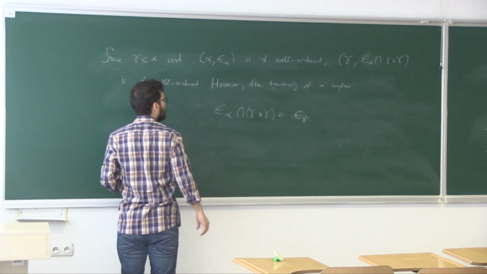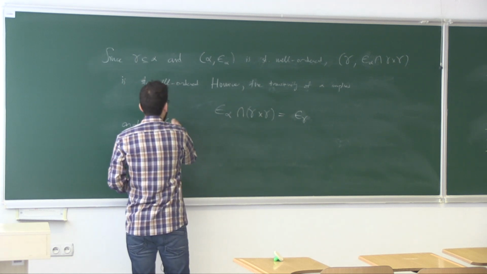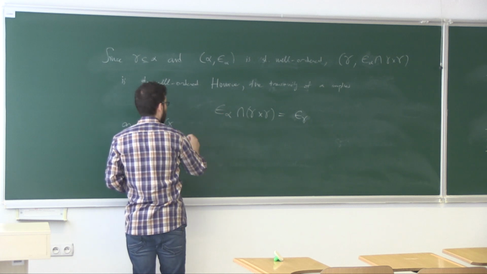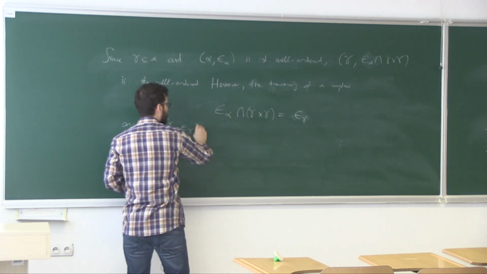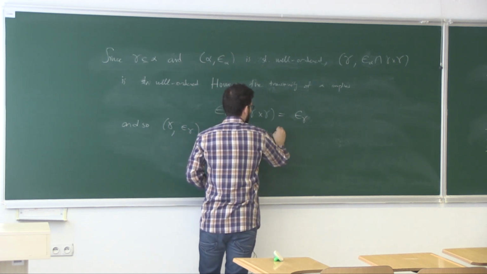This should follow from transitivity. And so, what have we obtained? We obtained that gamma together with its membership relation is strictly well ordered.